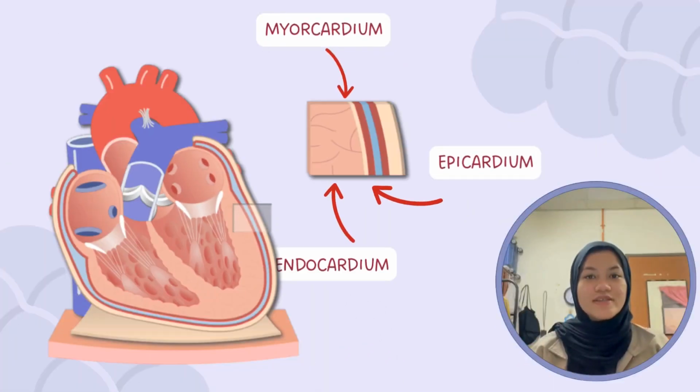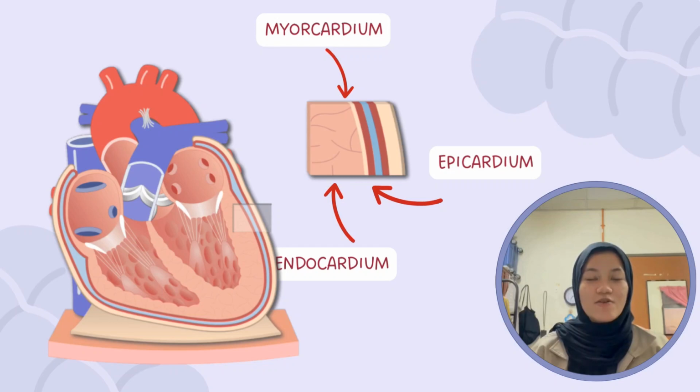Heart wall. First, endocardium. The endocardium is the deepest layer of the heart. The function of the endocardium is to smooth the lining to reduce friction to blood flow. Second, myocardium. The myocardium is the middle layer of the heart. The function of the myocardium is that it is the location of the muscle fibers responsible for pumping. Next, pericardium.